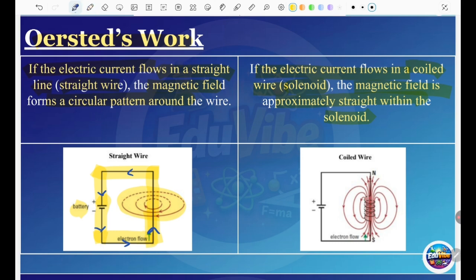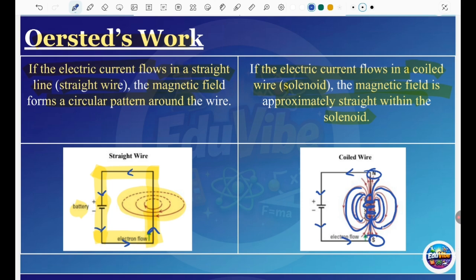With a north and a south end, the magnetic lines originate from the north and go inside to the south, just like a magnet does.